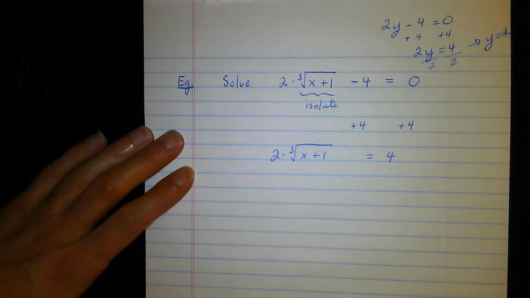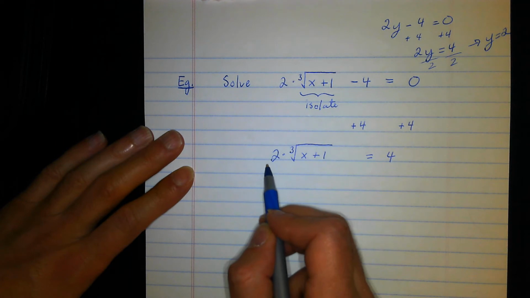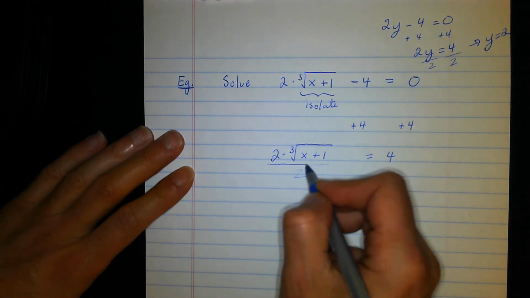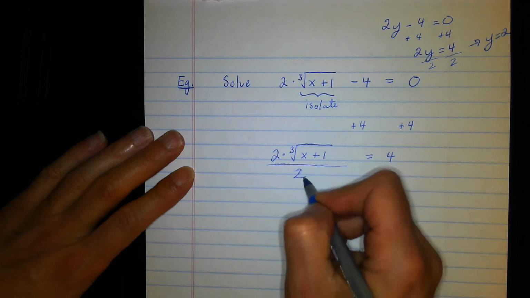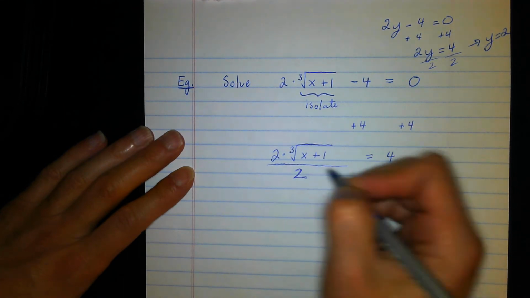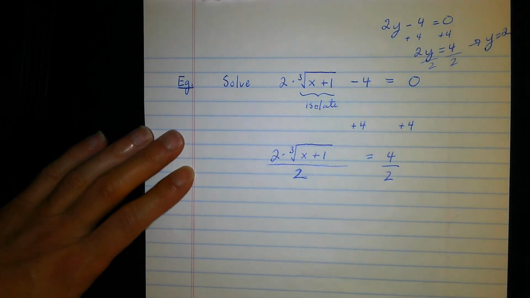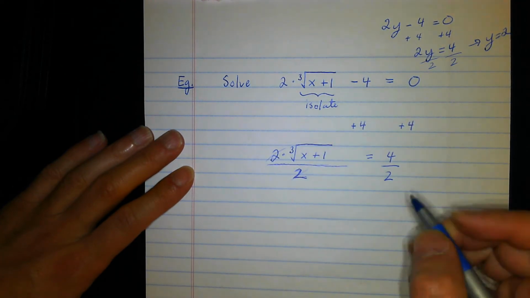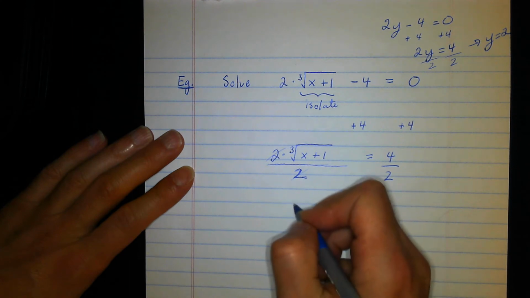And at this point, I would divide both sides by 2. The 2's cancel there, and I'm just left with 4 divided by 2, which is 2.